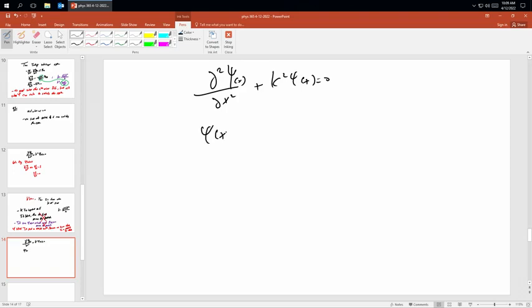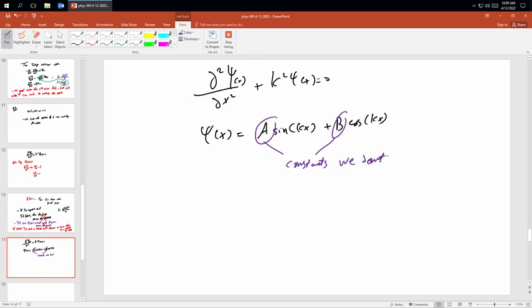Now let's propose a solution: psi of x equals a sine kx plus b cosine kx, where a and b are constants we don't know yet.